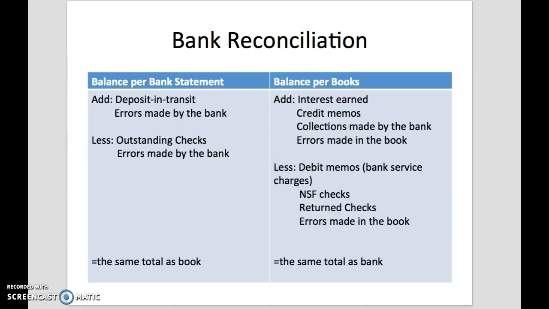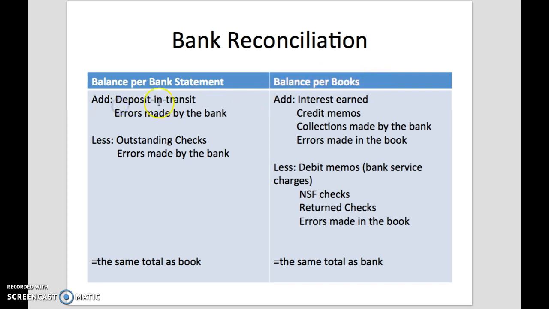Okay, so let's go to the main meat of this chapter, bank reconciliation. So on your left side, this would pertain to the record. This top part would be the record of the bank. And balance per books would be your own record of your cash.